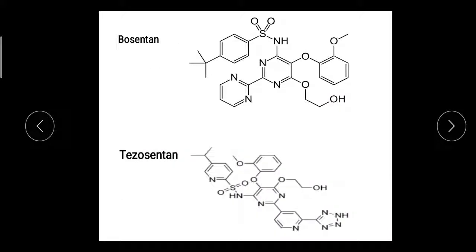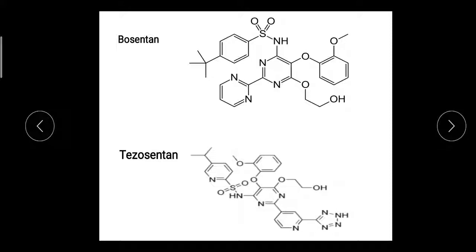Under this, there are two drugs, bosentan and tezosentan. Bosentan was approved in the US in 2001, and in Europe in 2002. Bioavailability of bosentan is 50%. Peak plasma concentration of bosentan dispersible tablet for oral suspension is 14%.